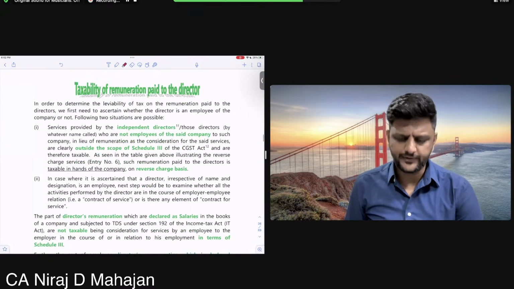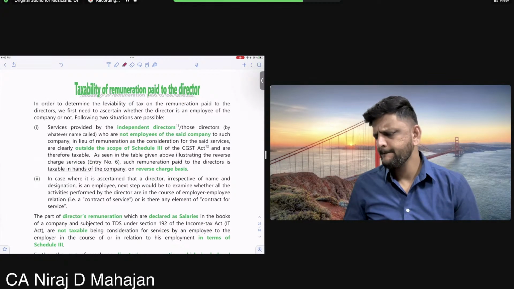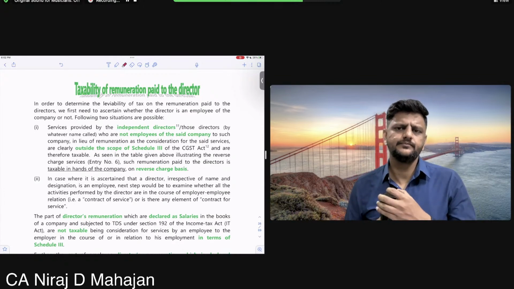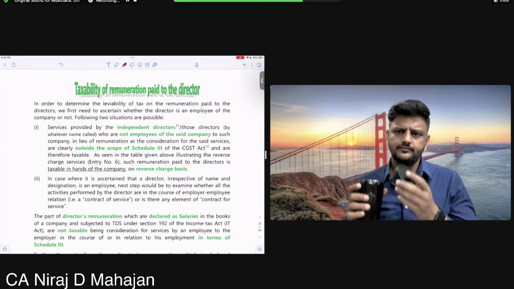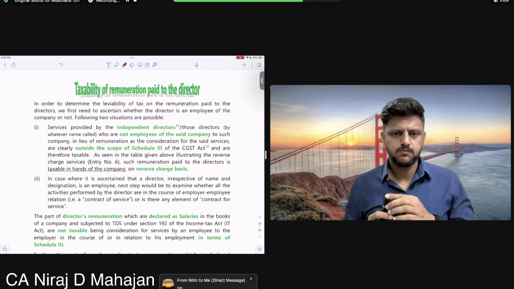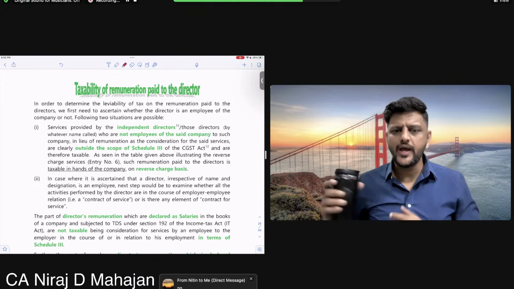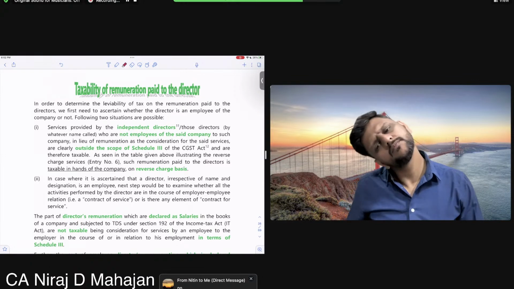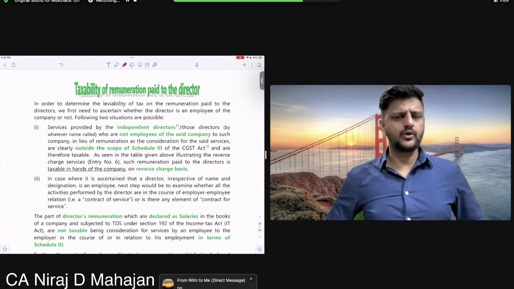Taxable remuneration paid to director. On salary, GST is applicable? Where was that exemption given, or how did you arrive at that conclusion?